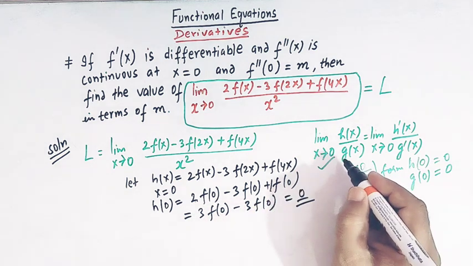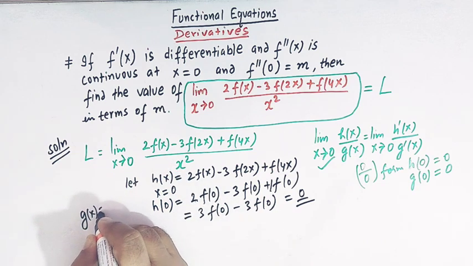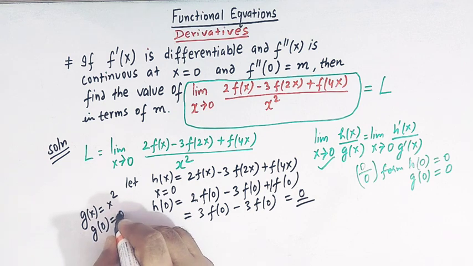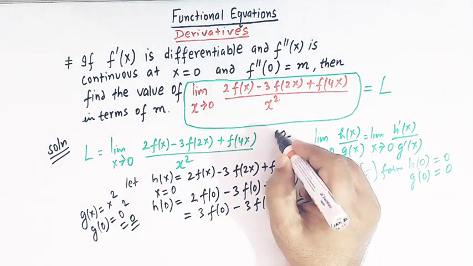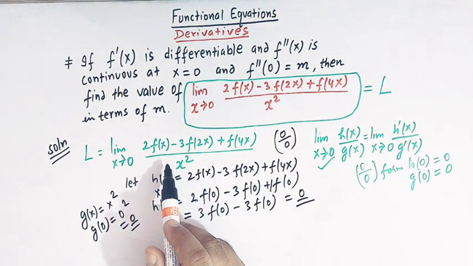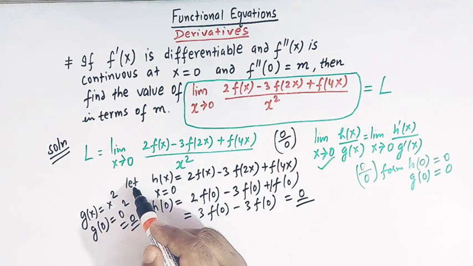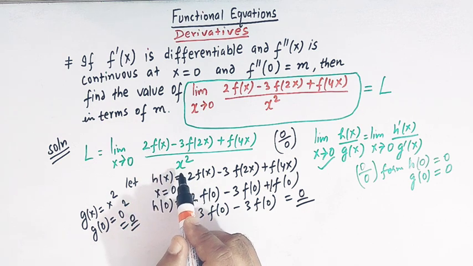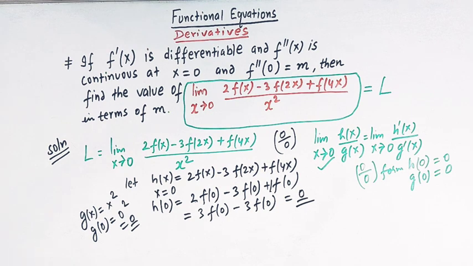Let us take the denominator as g of x, that is x square, so g of 0 is 0. So we get the 0 by 0 form, and we can apply L'Hopital's rule. In the next step we'll differentiate the numerator and denominator separately with respect to x.